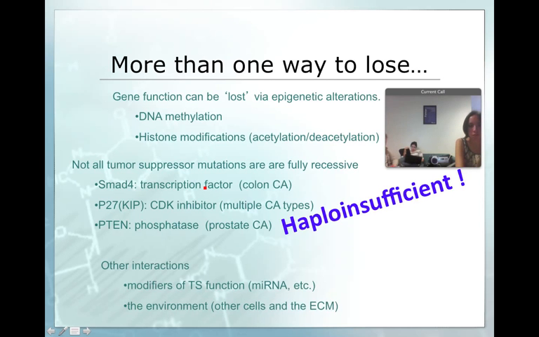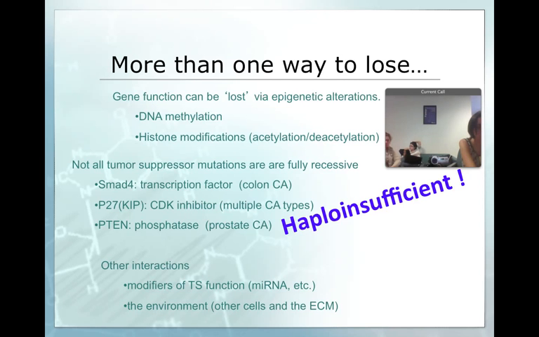And then there are other interactions. There are modifiers of tumor suppressor function that can influence them, microRNAs being one example, or the environment, either other cells or the extracellular matrix, dietary factors. There's lots of things that can sort of tip that balance.